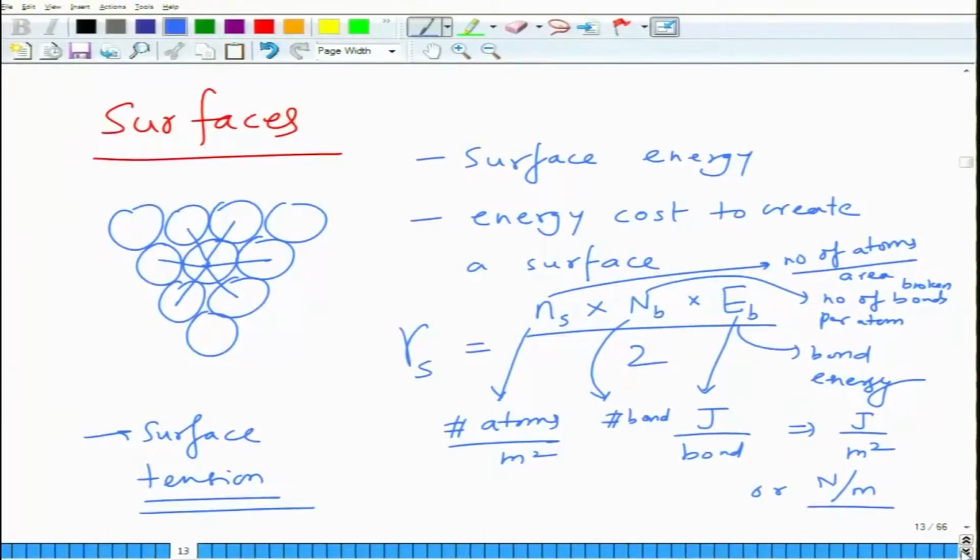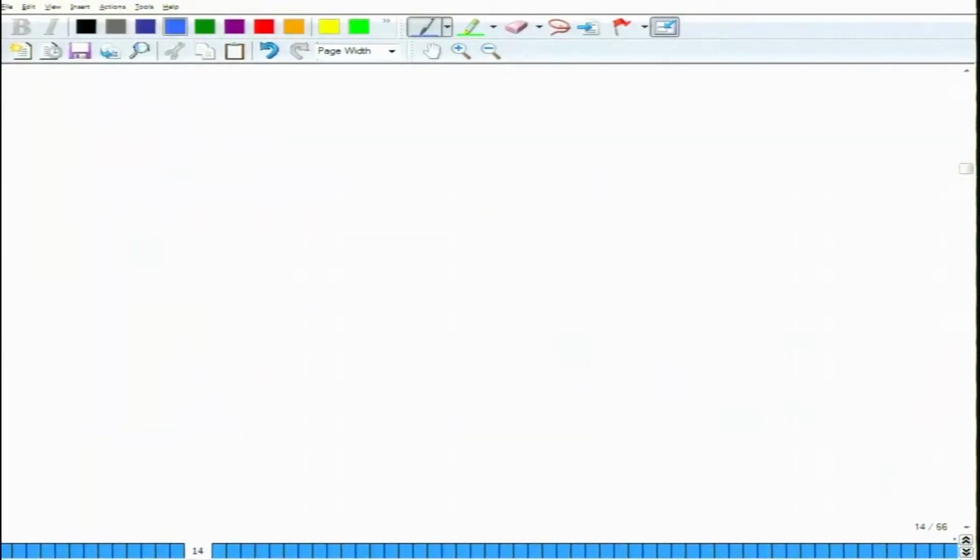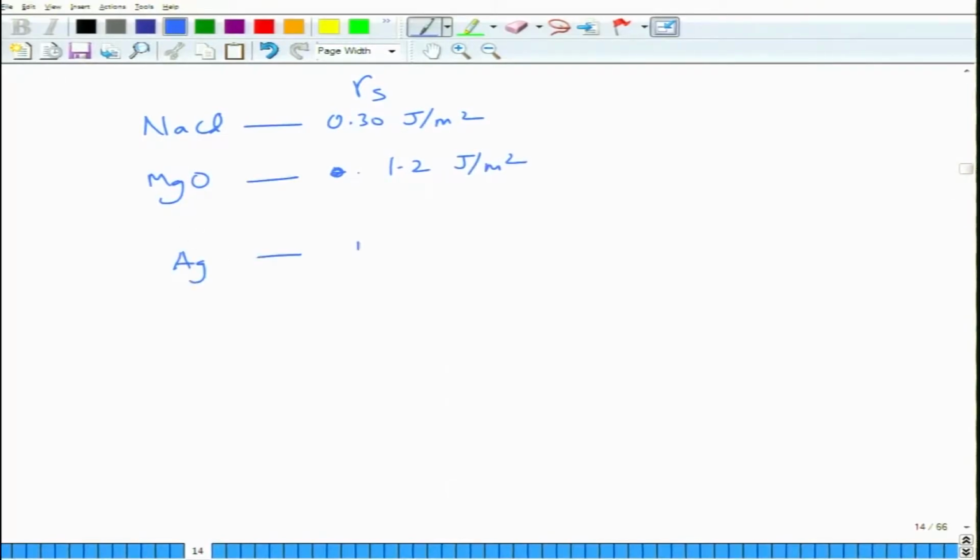There are various materials with different surface energies. For example, sodium chloride has a surface energy gamma s of about 0.3 joules per meter square. Magnesium oxide has a surface energy of 1.2 joules per meter square, whereas silver has a surface energy of 1.14 joules per meter square.